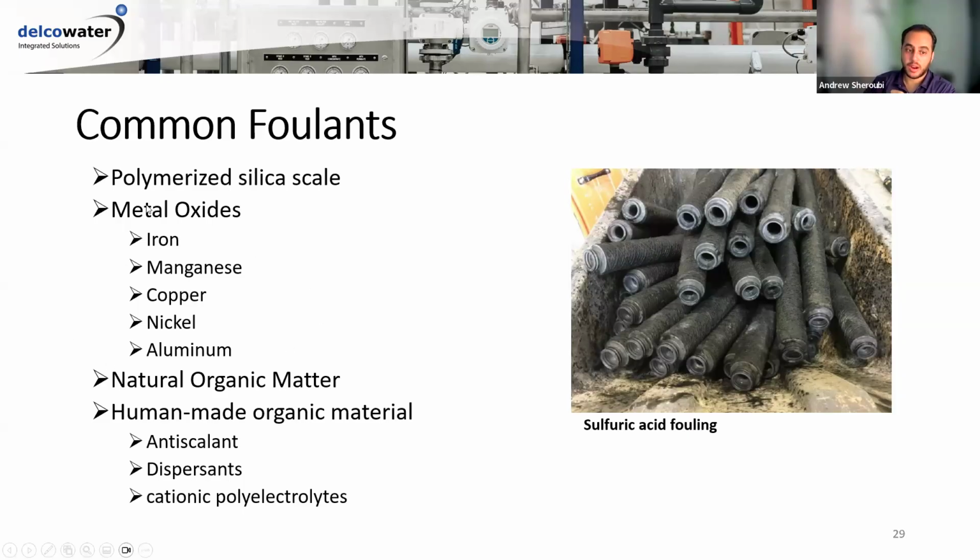And a big one is iron. Iron is pretty detrimental to membranes when it's oxidized. So obviously, if there's iron in the water, we make sure that either the water stays in anaerobic conditions, with no air coming into the system, or we put a pre-treatment before the RO just to reduce the load on the system. And obviously, there's natural organic matter and other materials that could foul this.